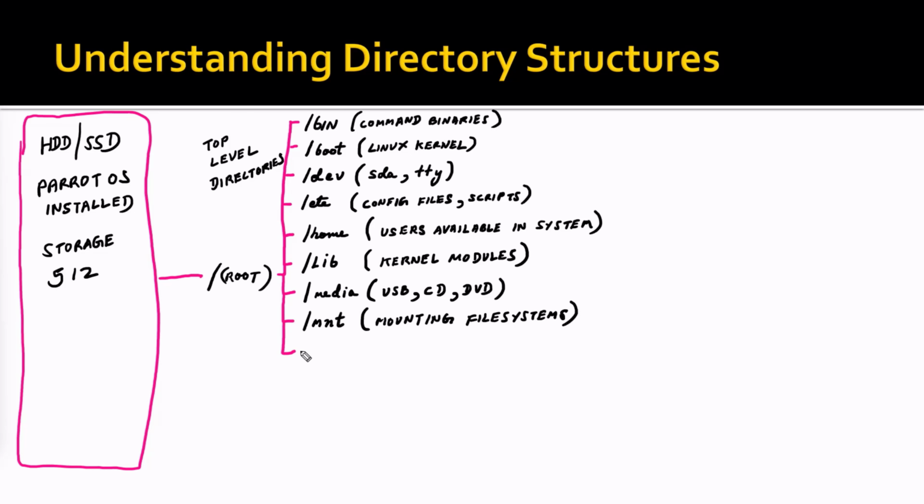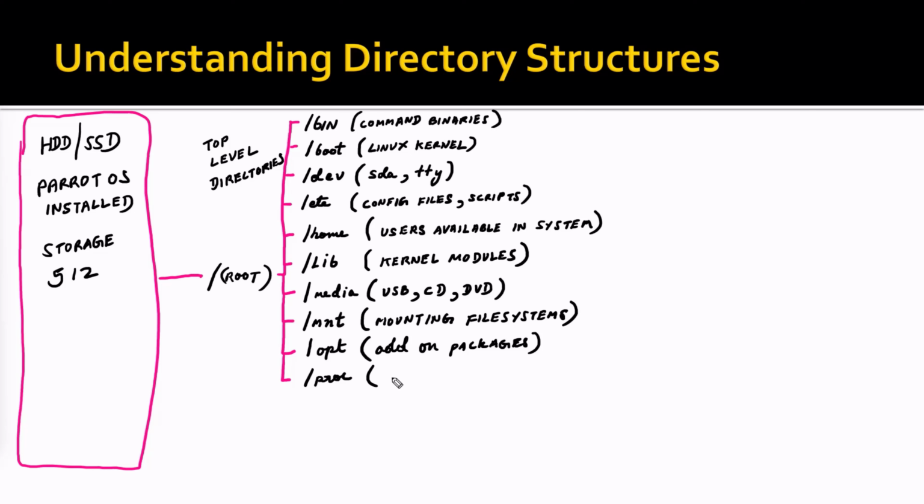We have got /opt, used for optional application software and add-on packages. Software installed in /opt generally does not adhere to the standard Linux directory structure. We have got /proc, a virtual file system providing information about system processes and kernel parameters.